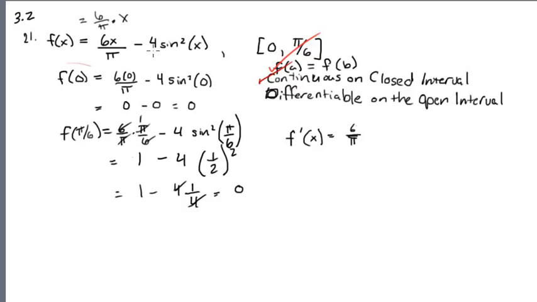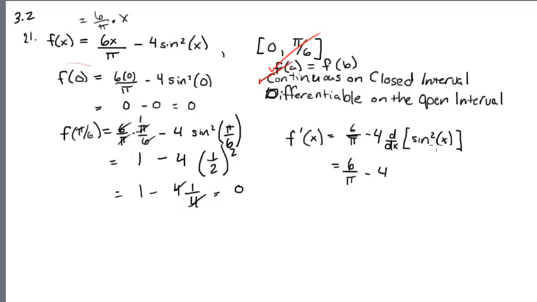And the derivative of negative 4 times sine squared of x. Let's consider that negative 4 a constant multiple as well. So we'll bring that out. And we want to find the derivative of sine squared of x. You can either use the product rule or, more appropriately, use the chain rule. So the chain rule says 6 over pi minus 4.